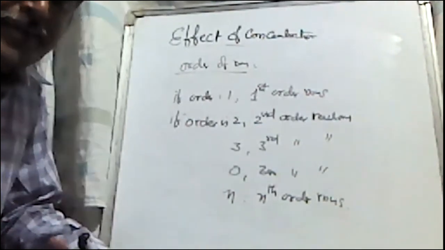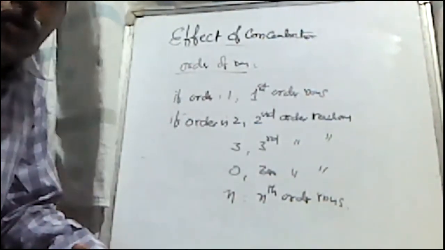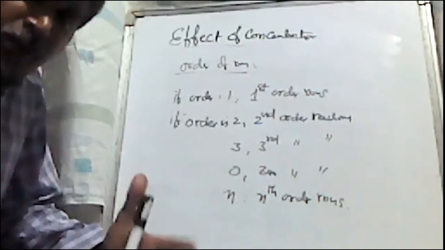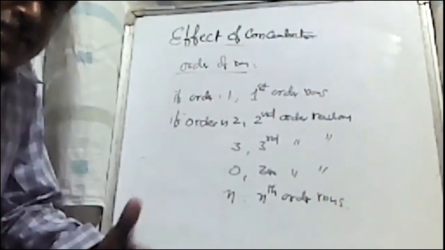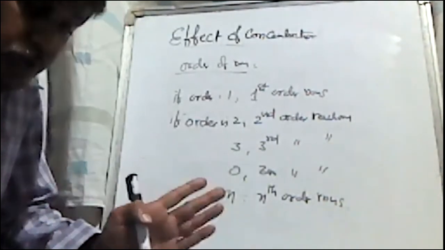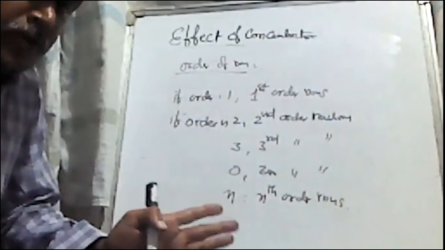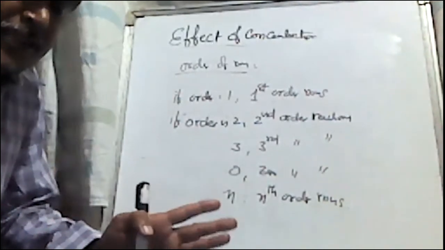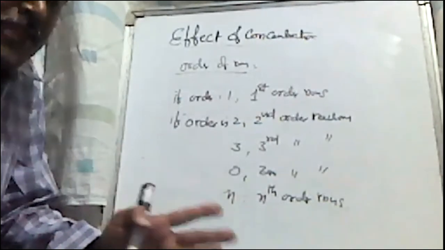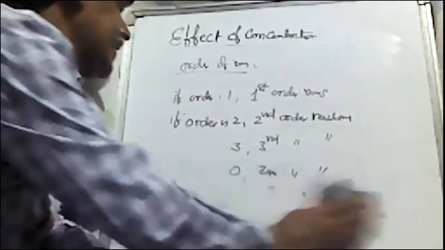Now we need to know, are there any units for the rate constant? Previously, in my first video, I showed the units for the rate of reaction: mole per litre per unit time, that is, mole per litre per second if time is in seconds.